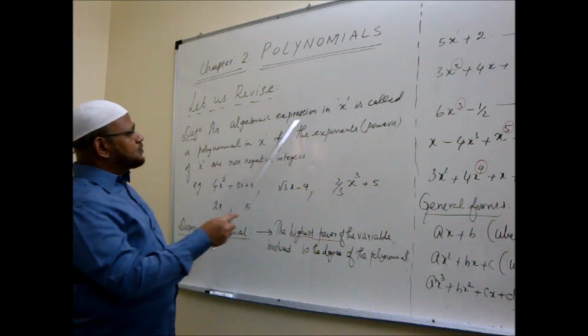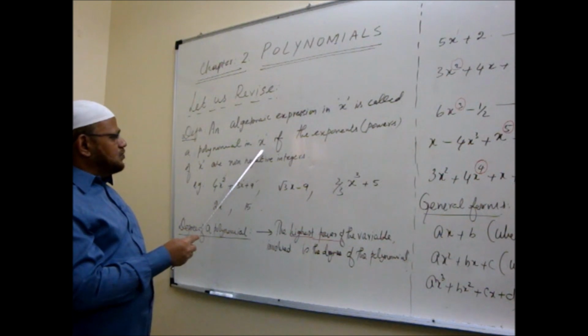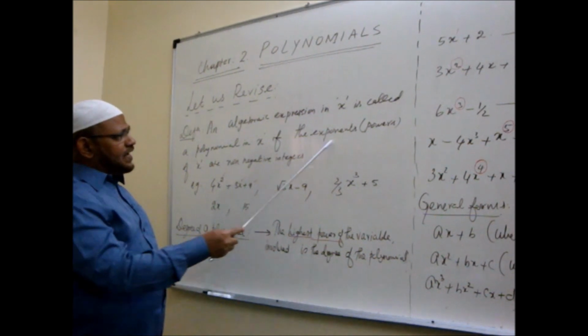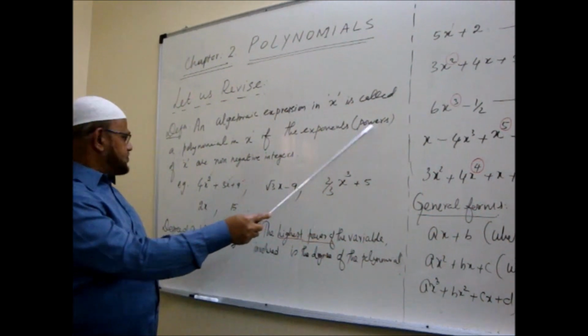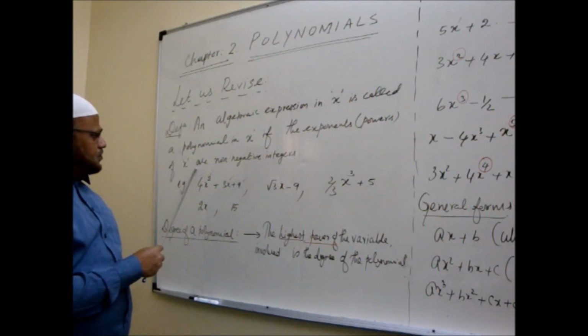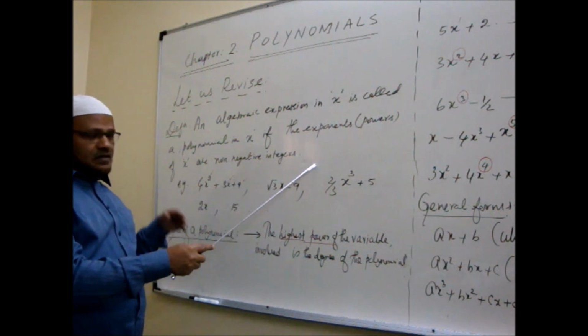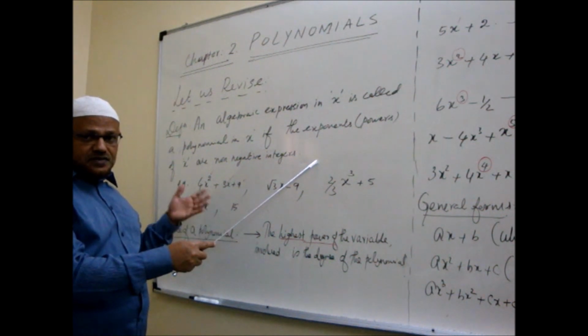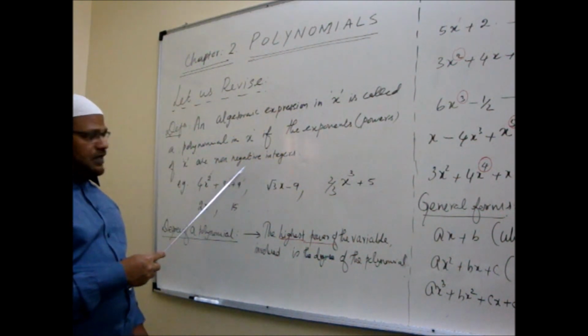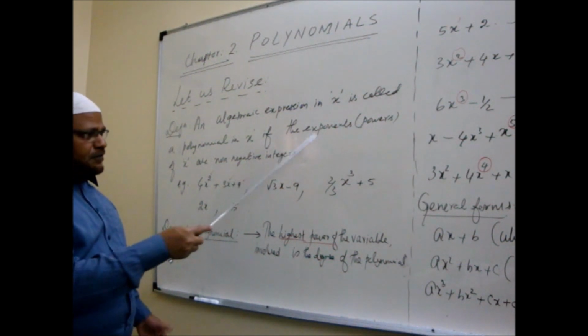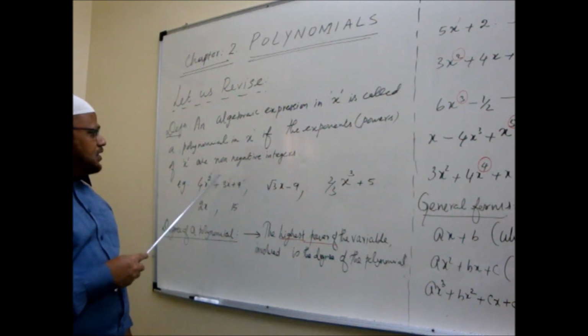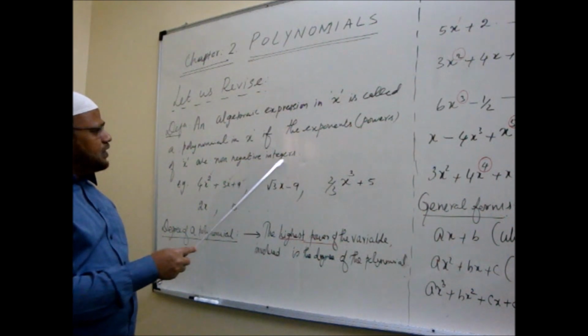An algebraic expression in x is called a polynomial in x if the exponents or powers of x are non-negative integers. It means you have to check all the powers of x in each term. The power of x, or exponent of x, must be a non-negative integer.